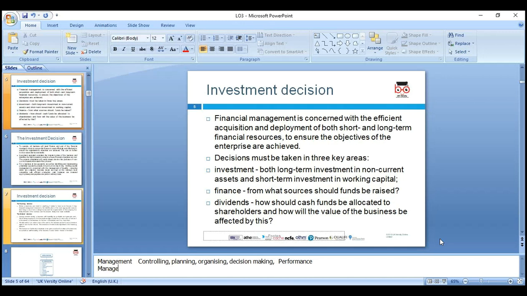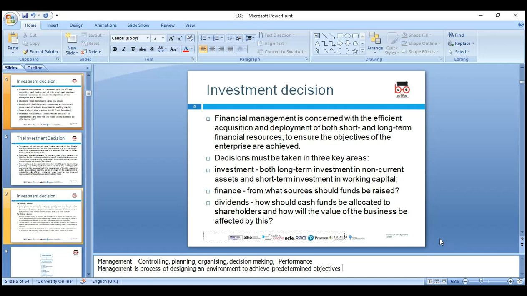If you're a manager, management is a process of designing an environment to achieve predetermined, or pre-selected, objectives.